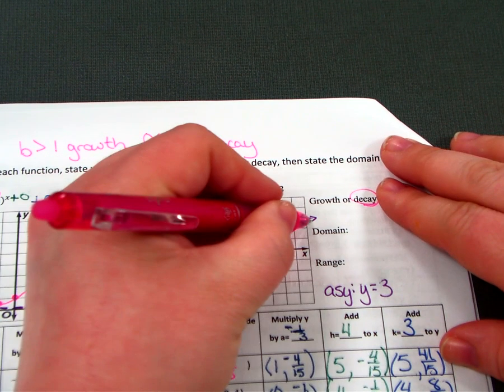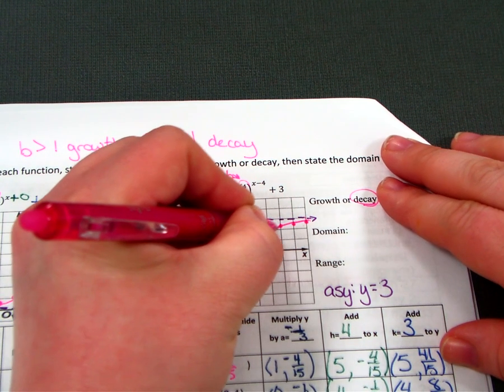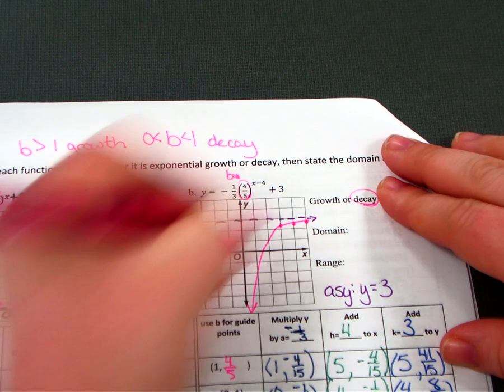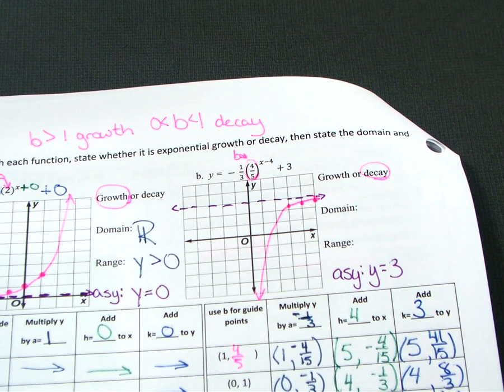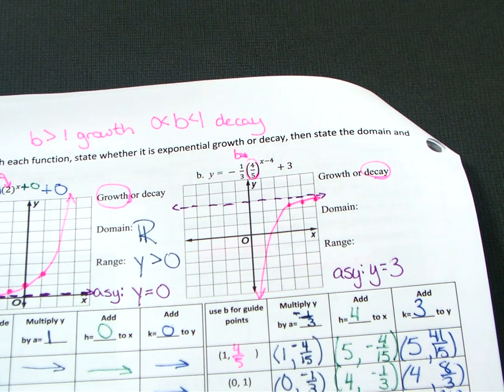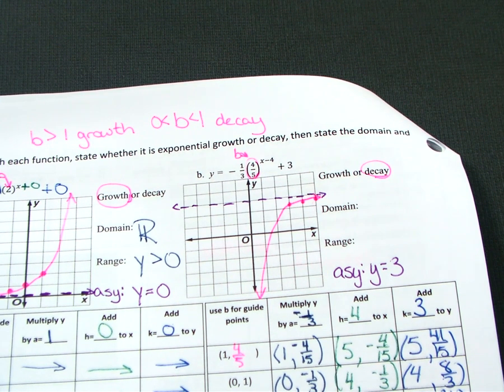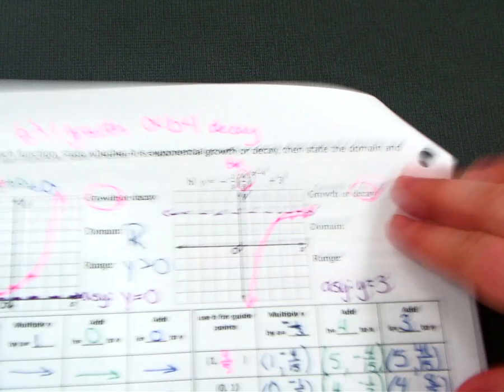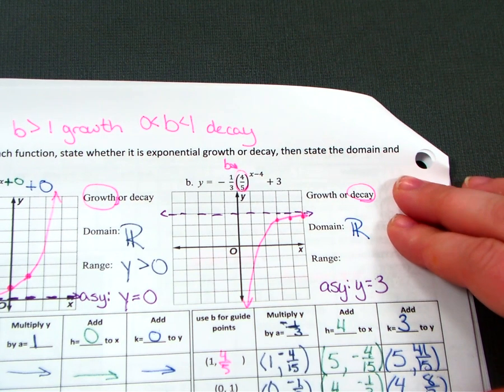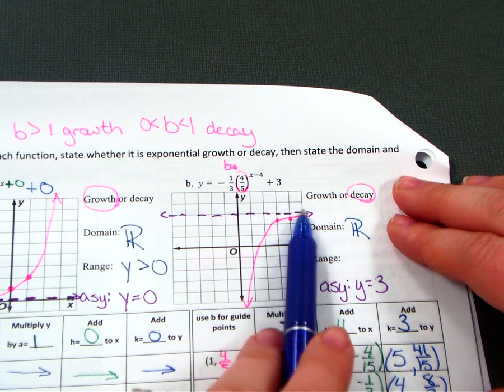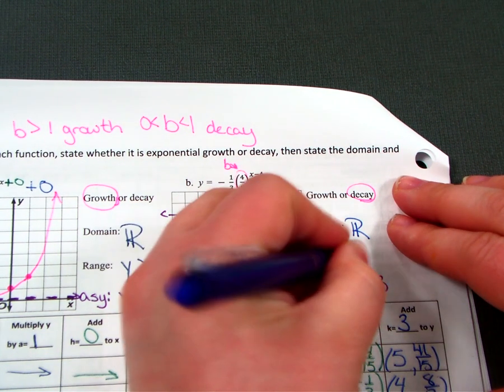And you can see that the numbers were getting smaller and smaller and smaller, and that's what's going to happen here as well. And remember, we wrote with our domain, with exponential functions, it's all real numbers. And our range is going to be y is less than our k value this time because it is below that asymptote line.